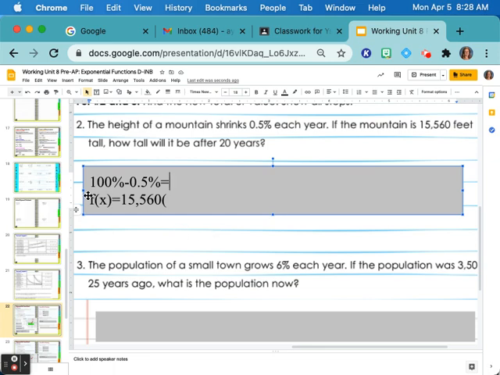So what is 100% minus 0.5%? 99.5. So that is our rate, but then we write it as a decimal. So it'll be 0.995 raised to the x value.